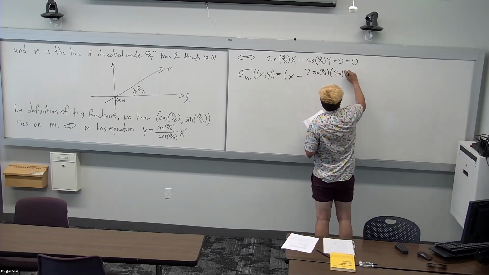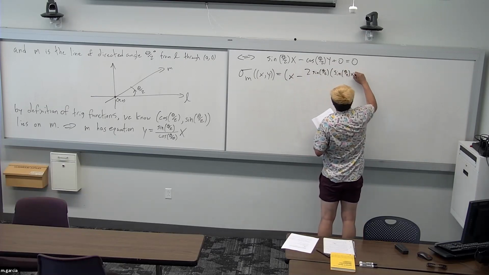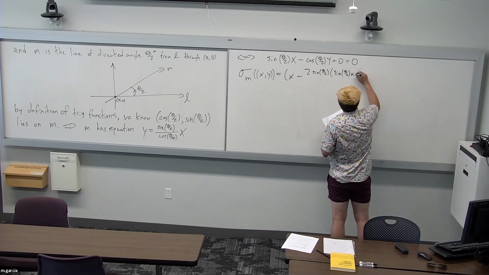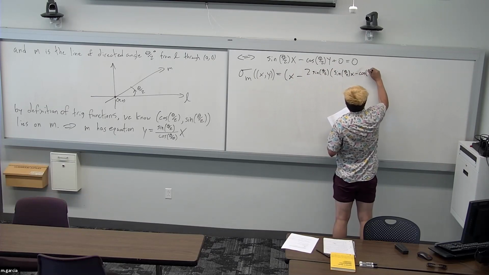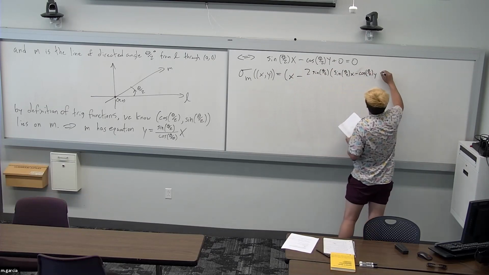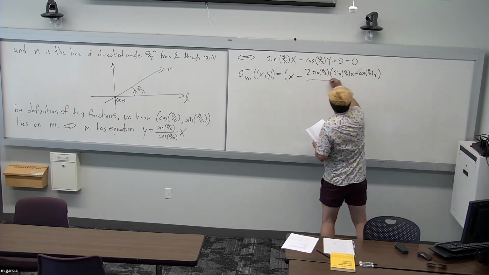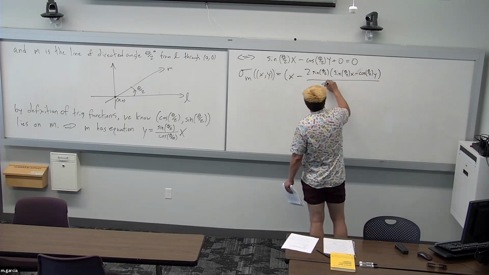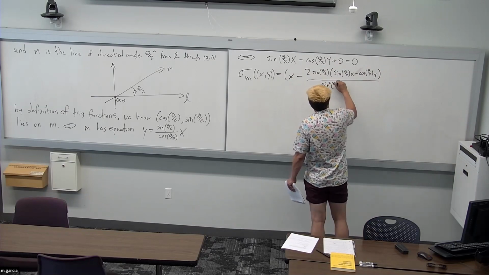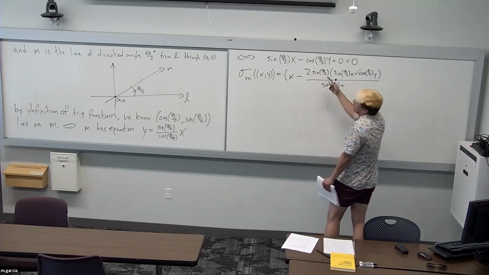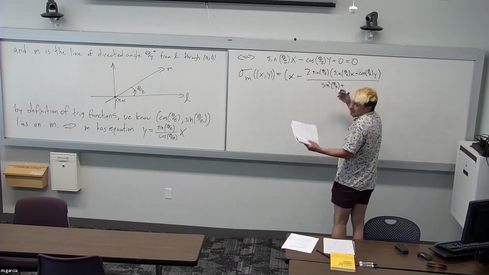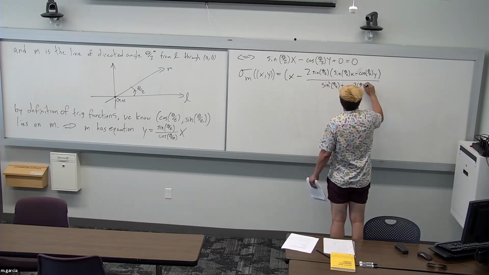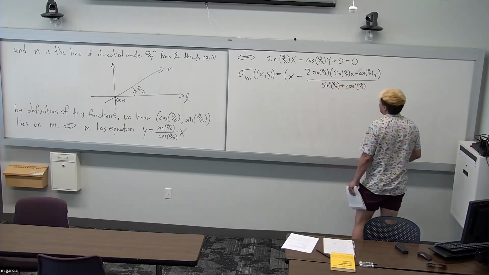Sine of theta over 2 x minus cosine of theta over 2 y, all over a squared plus b squared. Okay, so sine squared theta over 2 plus cosine squared is just 1. Well, that's nice. Yeah, it's not as bad as it might seem at first glance.